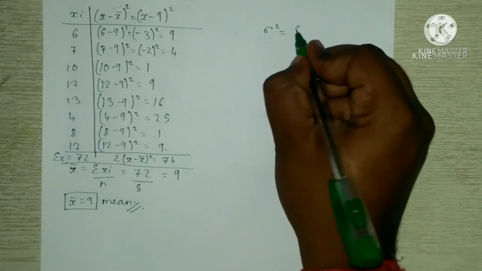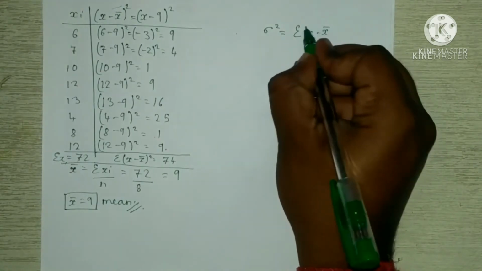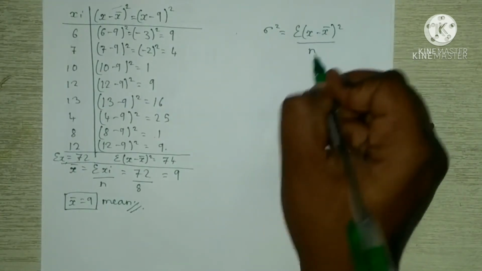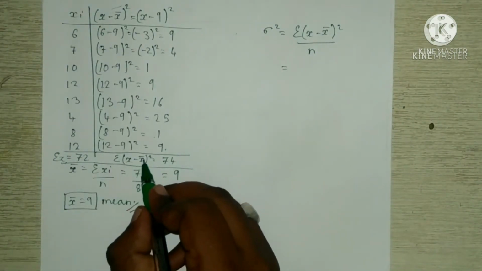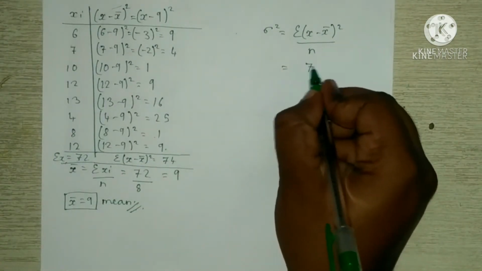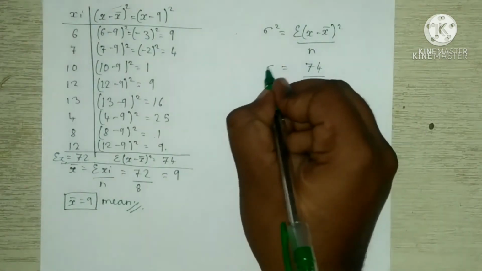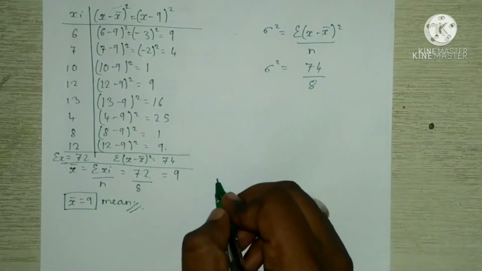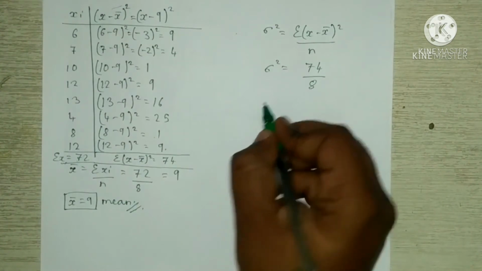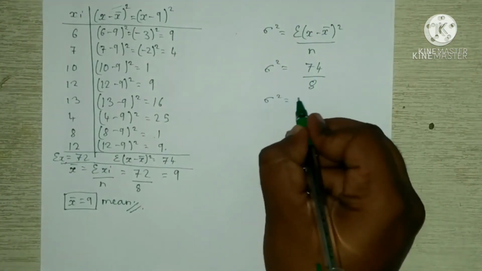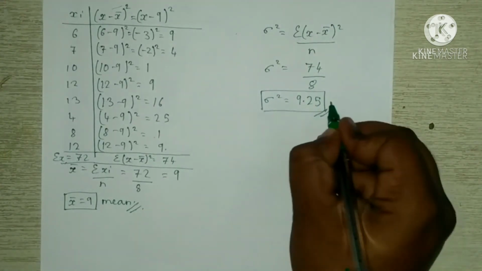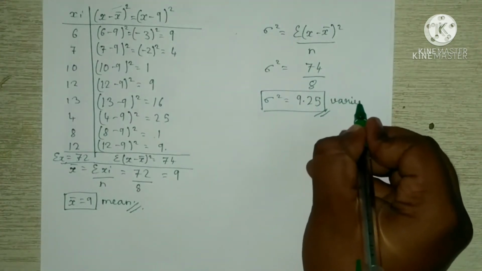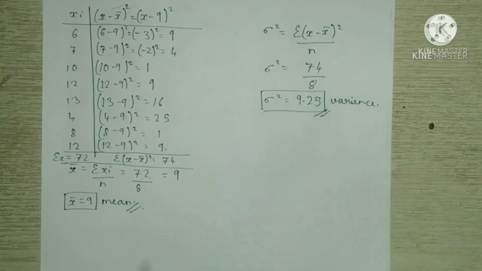Variance is equal to summation of (x minus x bar) whole square by n. The summation is 74, n is equal to 8. You will get sigma square is equal to 9.25. Variance is equal to 9.25.